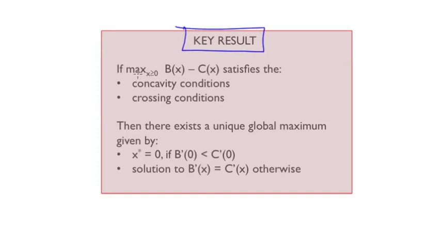That is, if you have a maximization problem that maximizes over a non-negative action an objective function that is the difference between a benefit function and a cost function, and this benefit and cost function satisfy the concavity conditions and the crossing conditions that we have studied, then it has to be the case that there exists a global maximum, that it is unique, and that it's given by the following properties. It's equal to 0 if the marginal benefit at 0 is less than the marginal cost at 0. Otherwise, it's given by the solution of marginal benefit equals marginal cost.